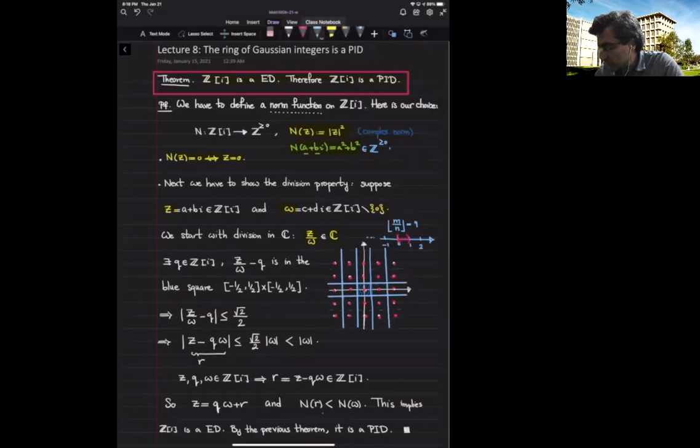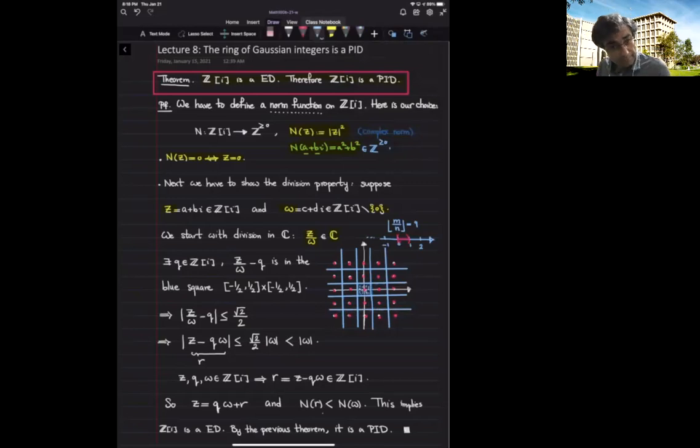So I can use a shift by Gaussian integers in order to put every point on the plane in the square in the middle.